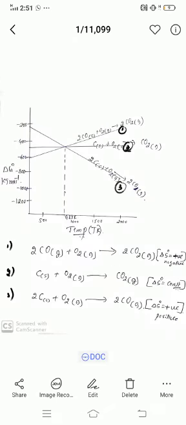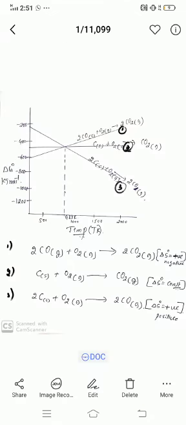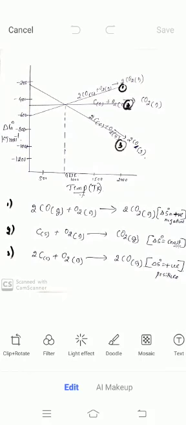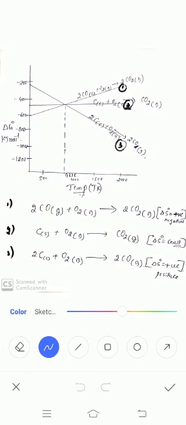This one you see. These are all for the formation of carbon dioxide and carbon monoxide. Look at these equations: first one, second one, third one.